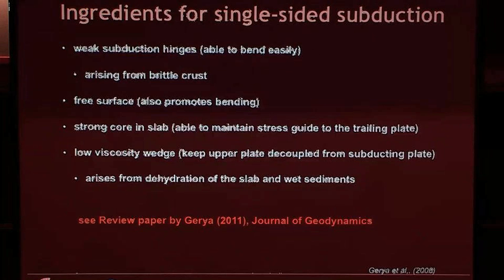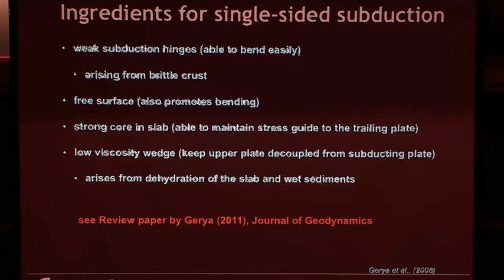And then we have a free surface on Earth, which is actually a lot harder to model numerically. So there's been a lot of effort to develop codes and techniques to handle free surfaces. And then finally, this low viscosity wedge seems to be critically important in developing one-sided subduction.